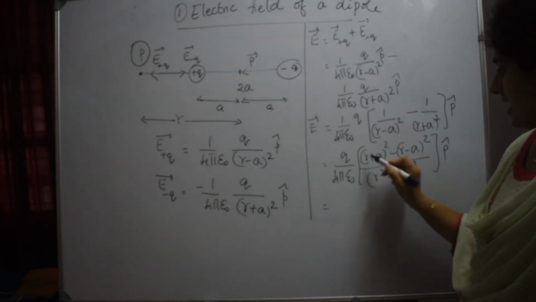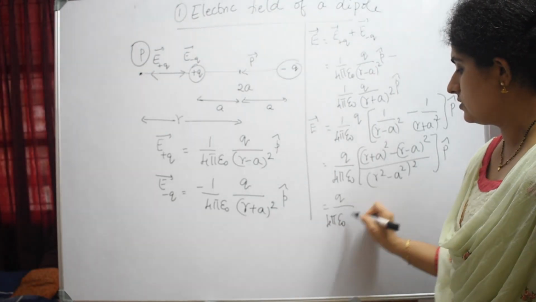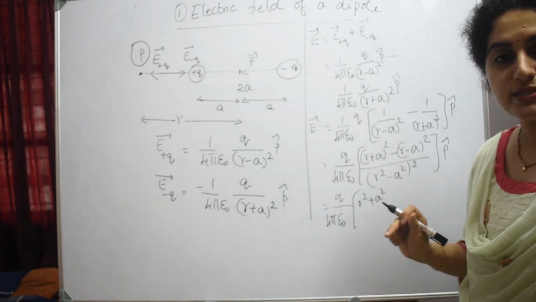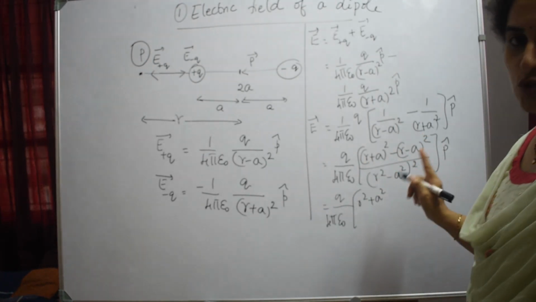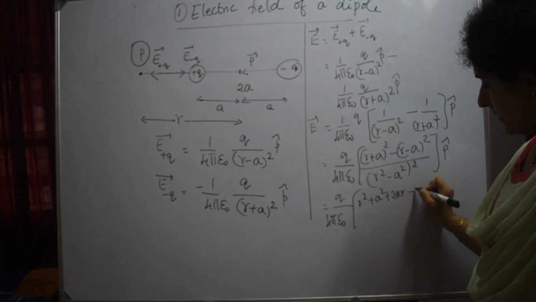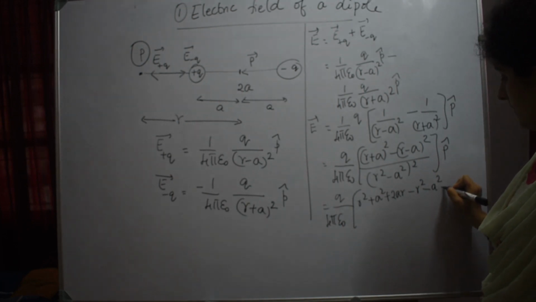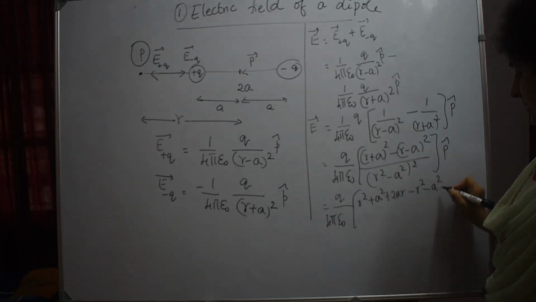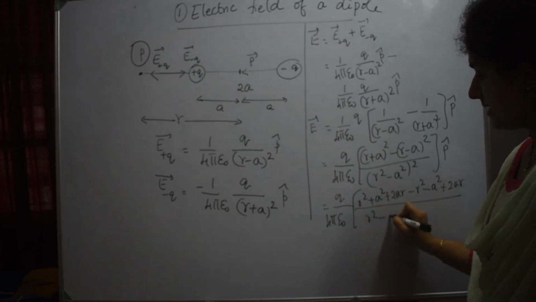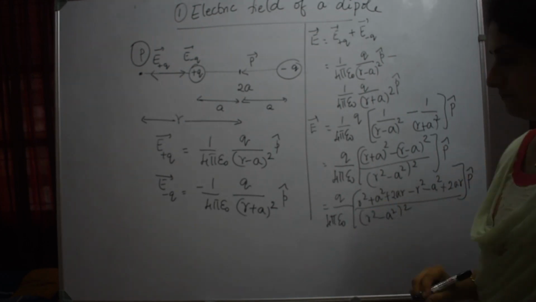Just take the LCM, expand this one: q divided by 4 pi epsilon naught into r square plus a square plus 2ar, minus r square minus a square plus 2ar, divided by r square minus a square the whole square into p cap.